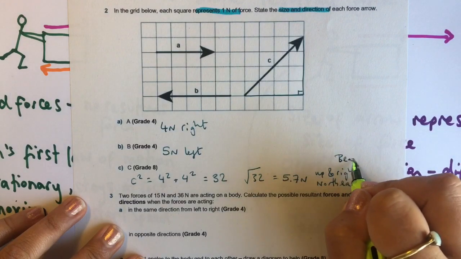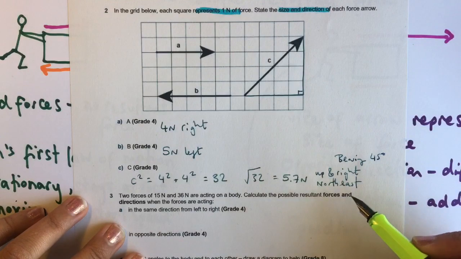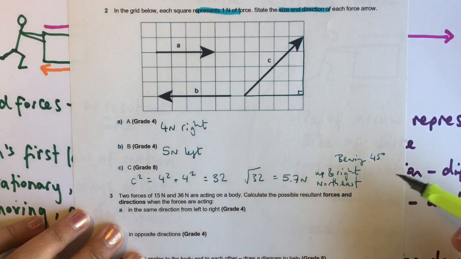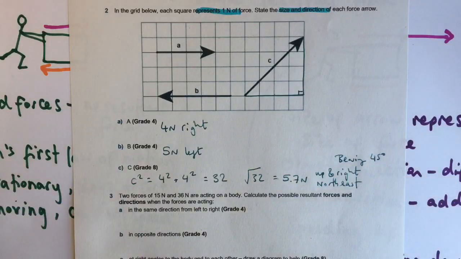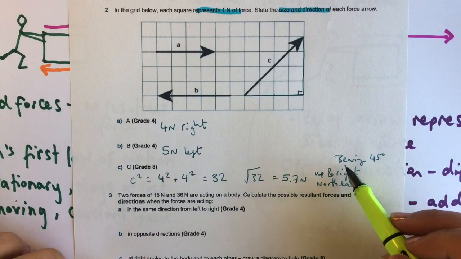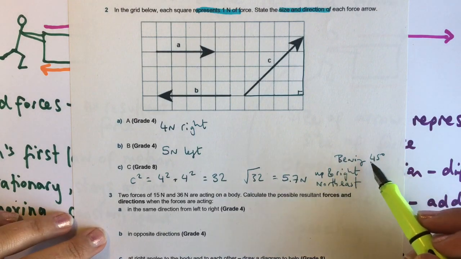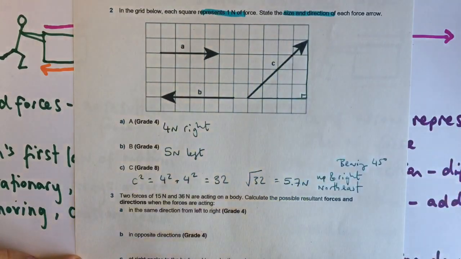Any of those things are acceptable. Later on we're going to do a bit more about vector forces, and we will talk about angles a little bit more then. So it's always worth thinking, can you do something with Pythagoras?